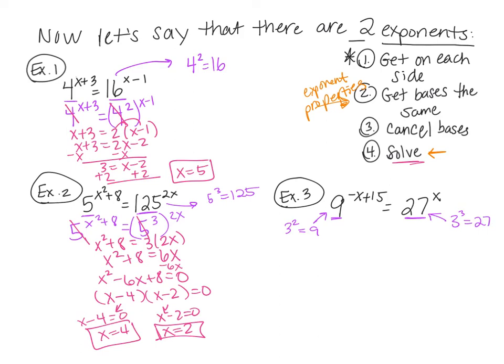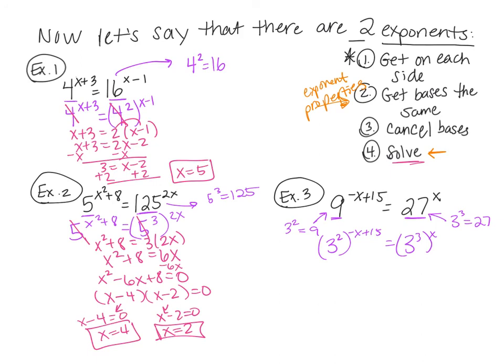So it's not enough sometimes, like in the last two examples, we only had to change one side. But sometimes I'm going to have to look at both of the sides and change them down. So really, I need to change this first one to a 3 squared and then my second side to a 3 cubed, so that those bases will be the same.